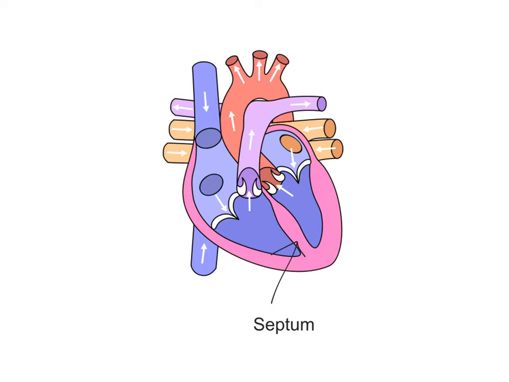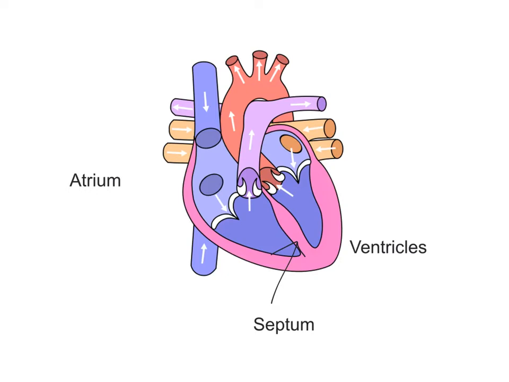The heart also consists of two chambers. At the top, we have the atrium, and at the bottom we have the ventricles. As we know from our previous slides, the right side pumps deoxygenated blood and the left side pumps oxygenated blood.